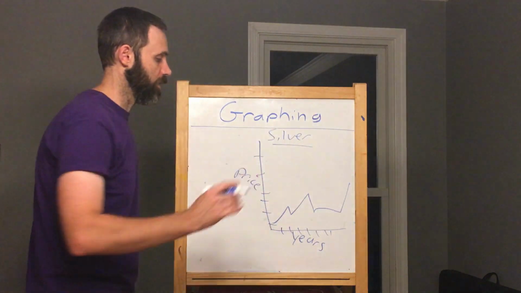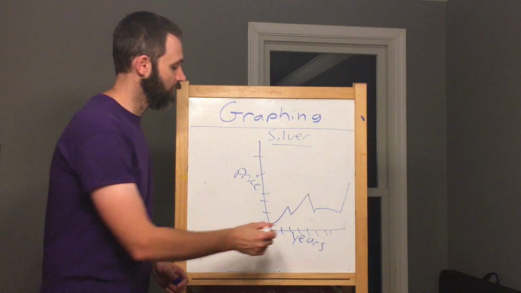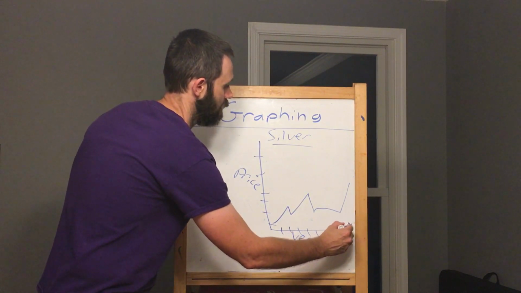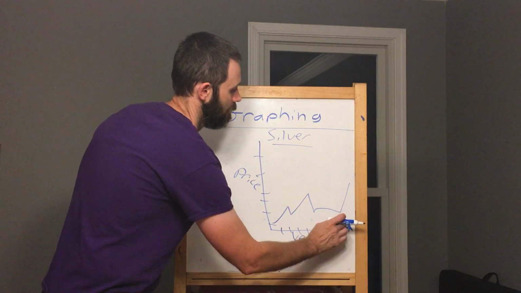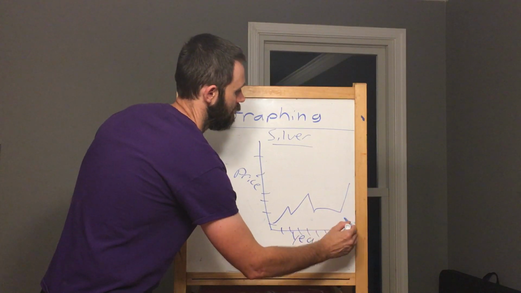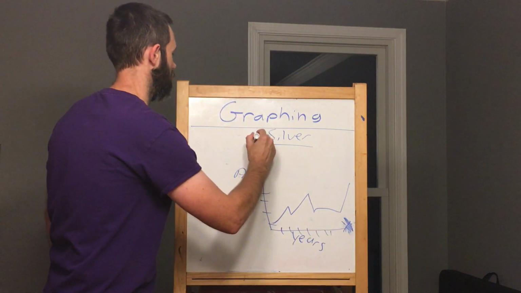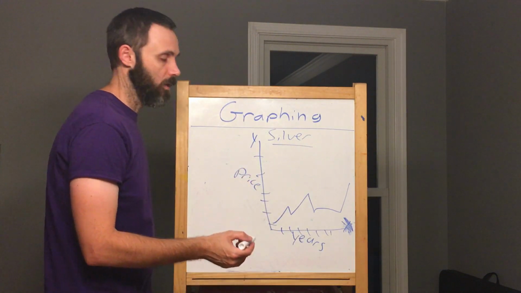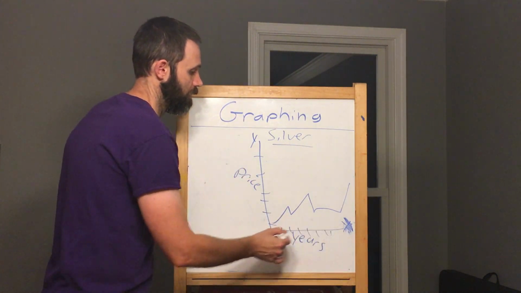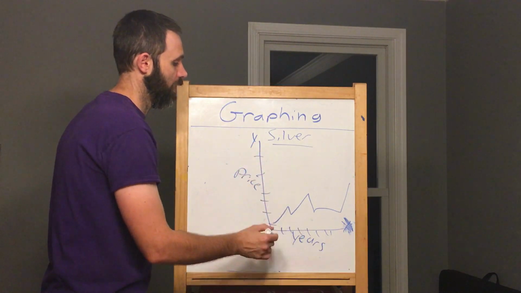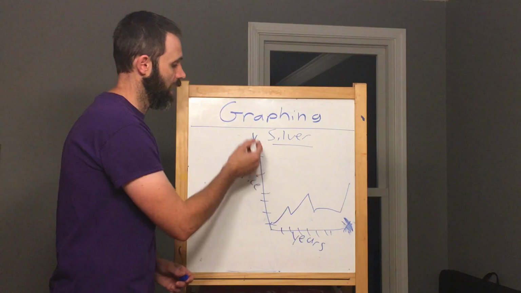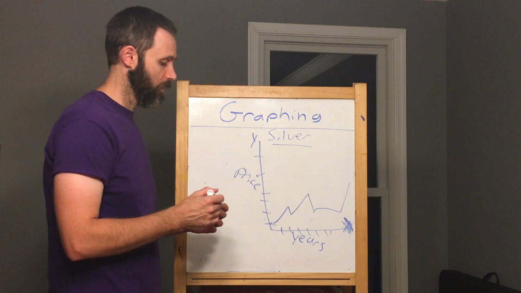So in this case, the years is going to be your x-axis, and your price, we're going to call it y. So domain, range, easy to remember. It's x versus y, domain, range, input, years, and then the price. And it could be at any kind of increment, whatever that is, okay?